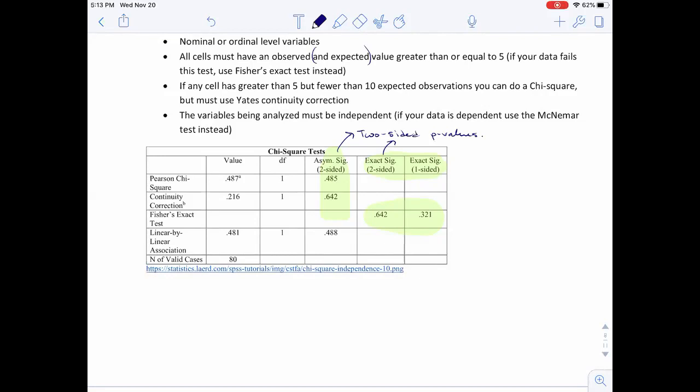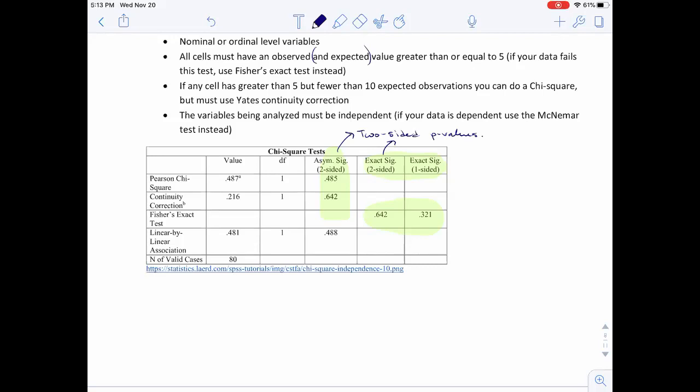Say there is a question that incorporates this. It might say something like, if you have done a Fisher's exact test, what would your conclusion be? Well, if we're assuming we have a two-sided p-value, even with a one-sided, it doesn't actually matter. For Fisher's exact test, I don't have enough evidence to reject H0 because these are my p-values, right? 0.642 is huge.